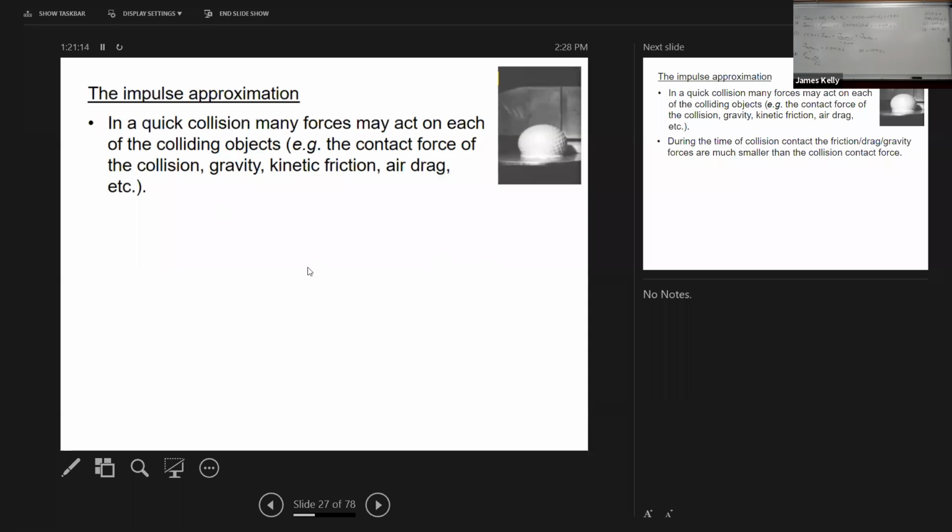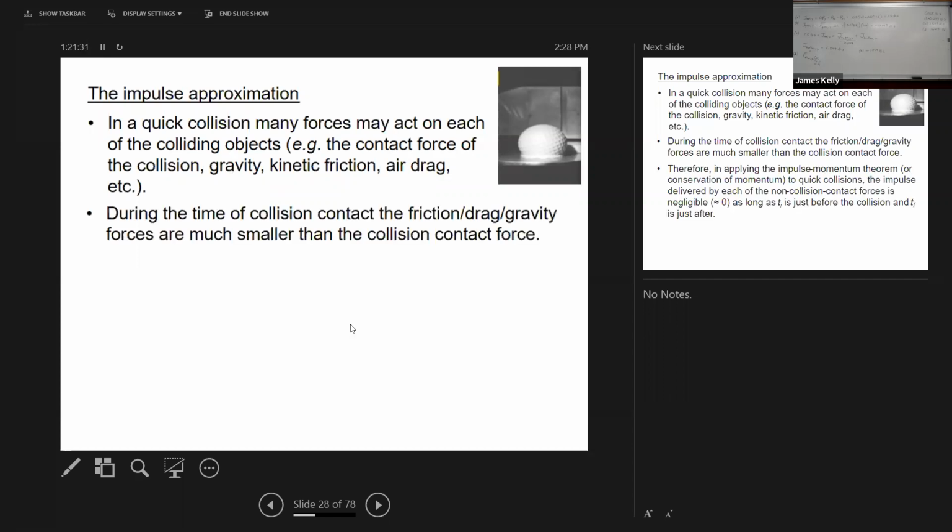Okay, so here's the statement. In a quick collision, there can be many forces that act on each of the colliding objects: the contact forces in the collision, where the two surfaces push on each other, gravity, friction if they're sliding on a surface, air drag if they're moving through the atmosphere, lots of different forces.